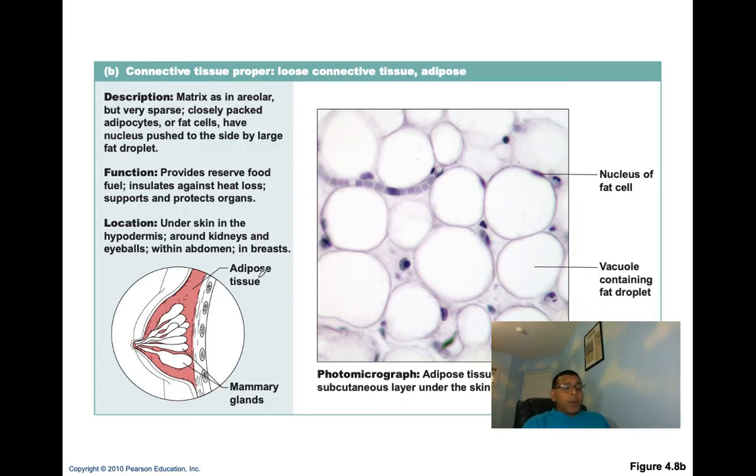Now we also have what we call brown adipose tissue. Now brown adipose tissue is going to contain an abundant amount of mitochondria, and it is used to help warm the body.